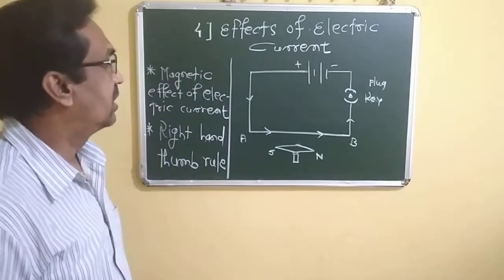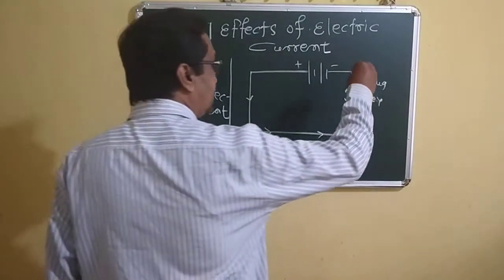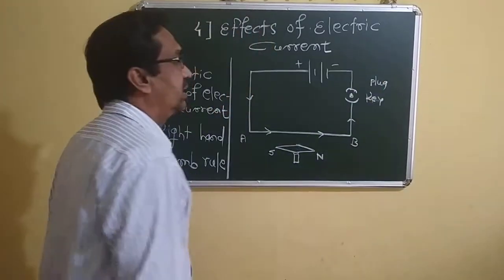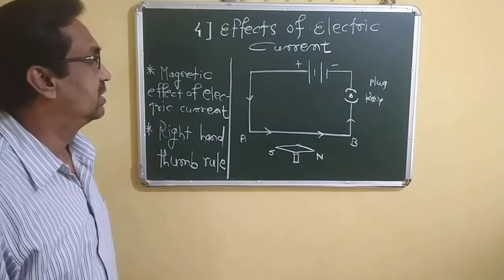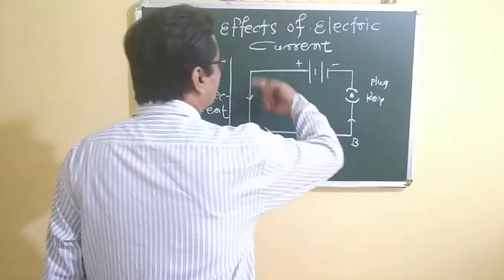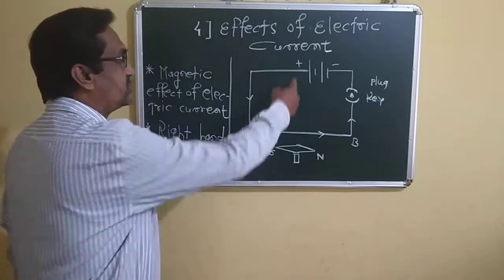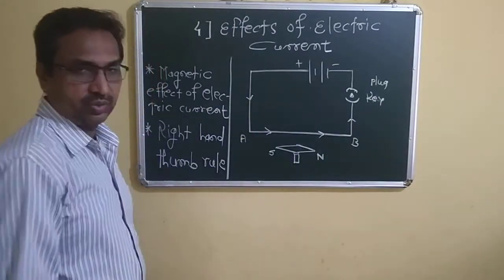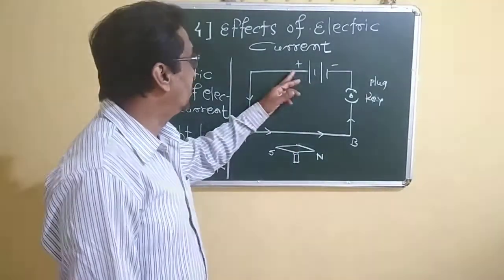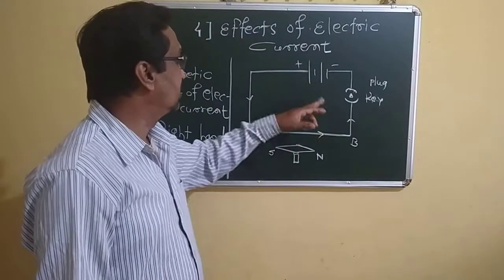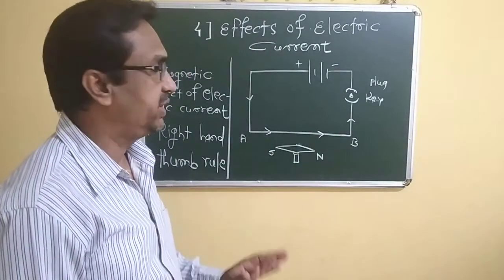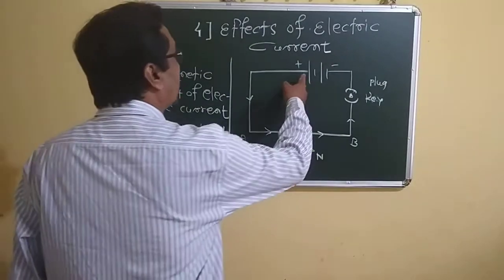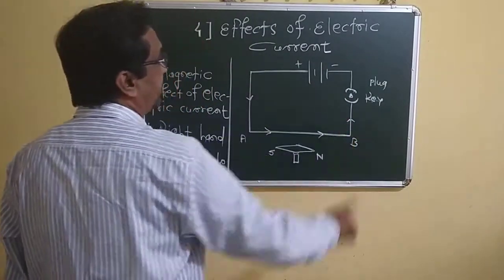After that we insert the plug key, and there is a circulating current from the positive terminal to the negative terminal. The electric current flows from A to B, and the electric circuit is completed, so the electrons are circulating in this way.